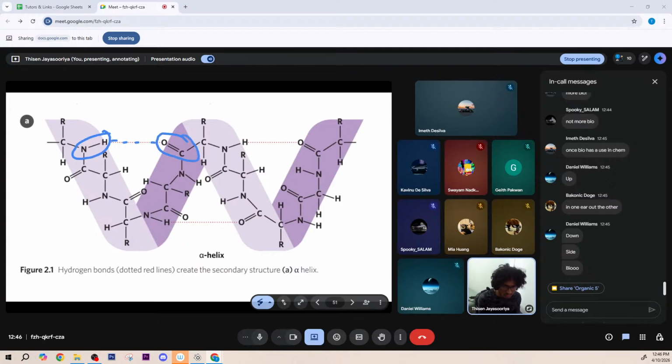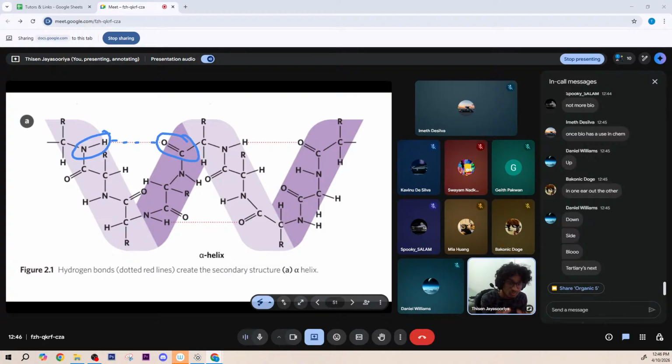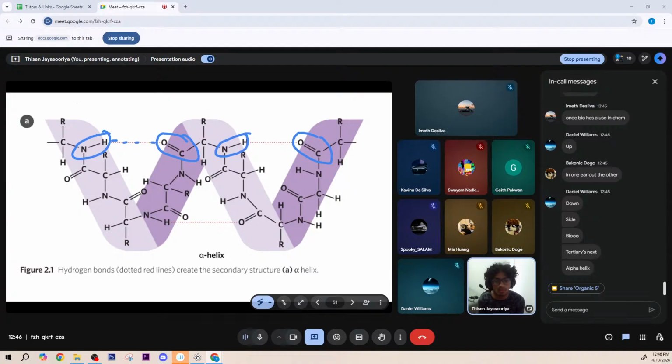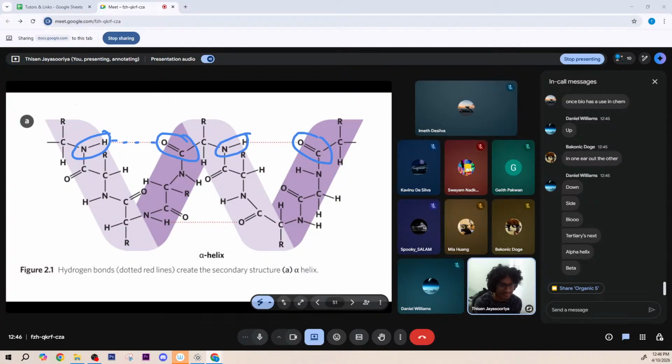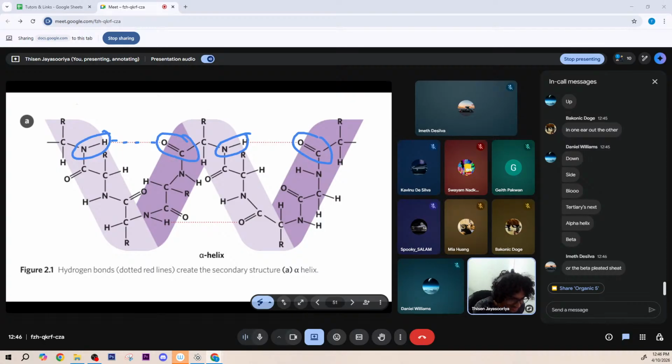Yeah? So those bonds are made through hydrogen bonds. Yeah? The same thing over here. Yeah? And they can form 2 different structures. We can either form a alpha helix or a beta pleat sheet. Yeah? Those are the 2 things we can make up.